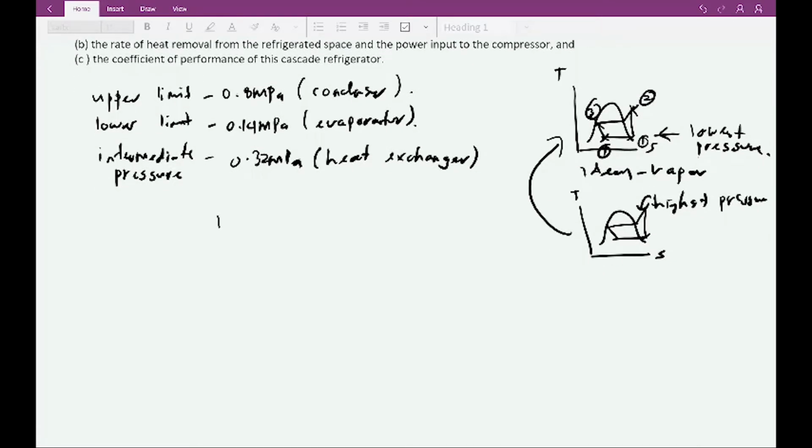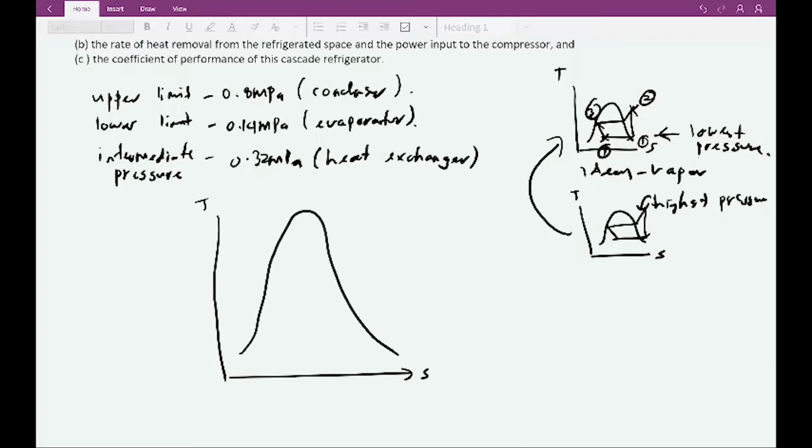I'm sketching bigger here, not so straight, sorry. So how do we put this into this? We put it here. I'm just copying the ideal vapor compression cycle and putting it into the cascade refrigeration cycle.